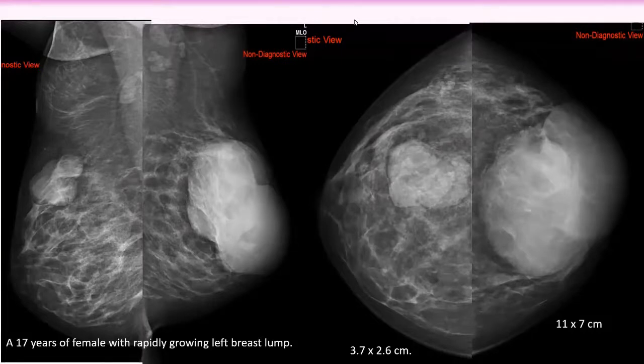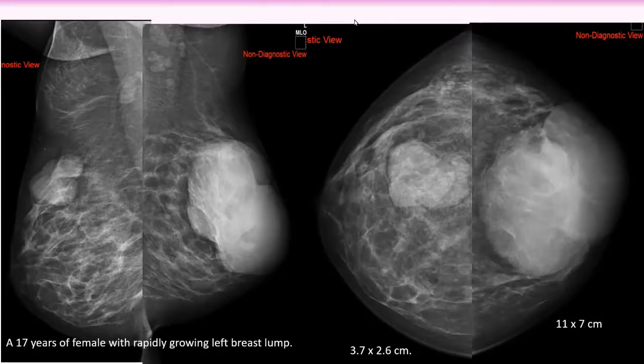This is mediolateral oblique and craniocaudal views of both breasts showing a large, circumscribed, high density, macrolobulated mass at the left breast, occupying almost the upper outer quadrant. Outer? Is it outer or central? It's central. Upper central. No associated calcification or skin thickening.